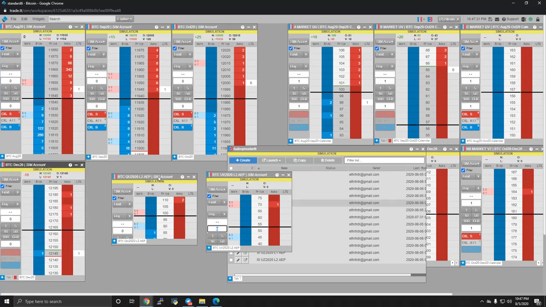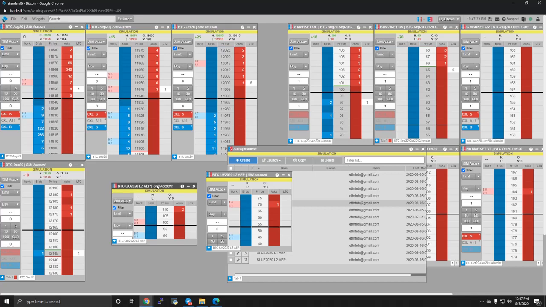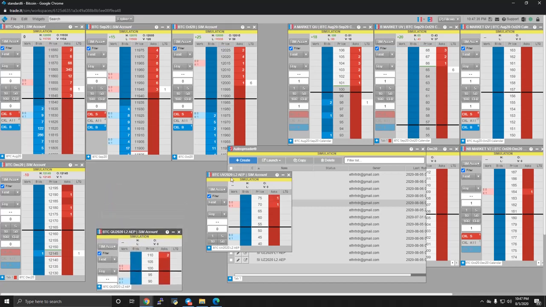Let's move the December outright over. Try to be conservative with our screen space.